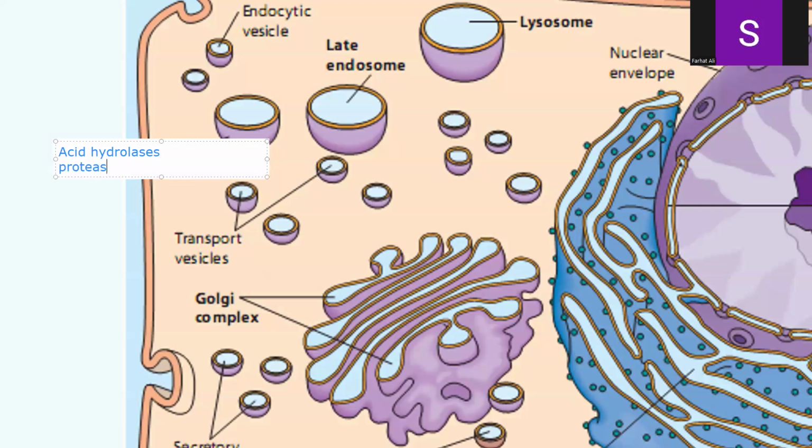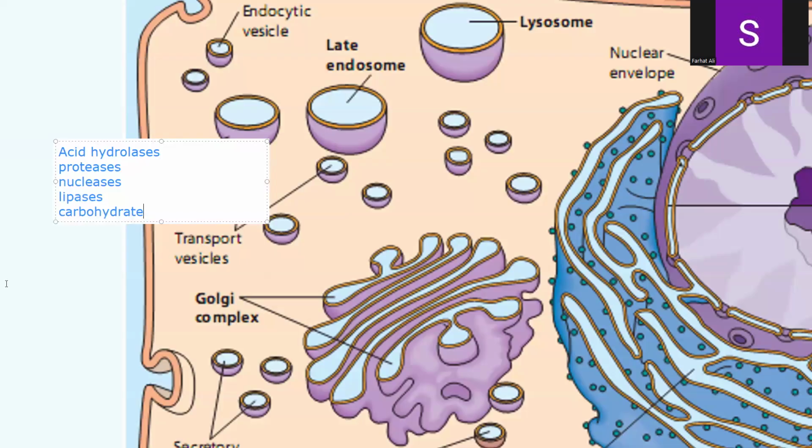They include proteases, nucleases, lipases, carbohydrate metabolizing enzymes. So all of these different types of enzymes work at an acidic pH, and therefore collectively these are called acid hydrolases.